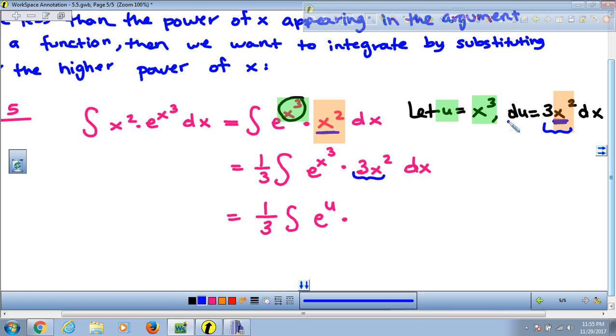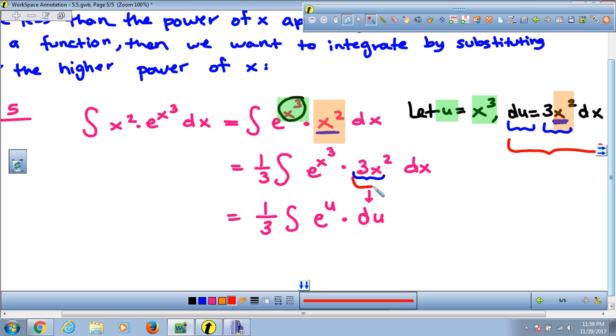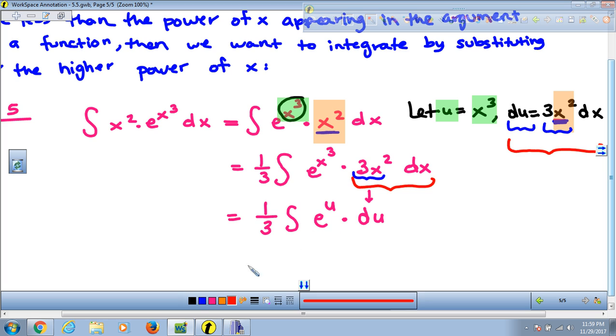And what's this entire thing? Du. So then you're going to rewrite here, instead of writing 3x squared, you're going to put times du. Okay? You don't need the dx anymore, because if you look at, let me highlight this, all this, 3x squared dx is the same thing as du. So this du is replacing all this.